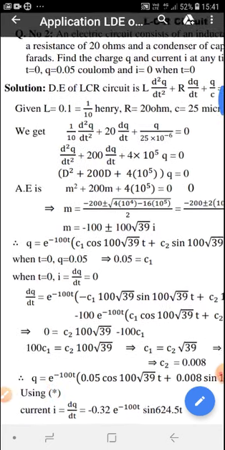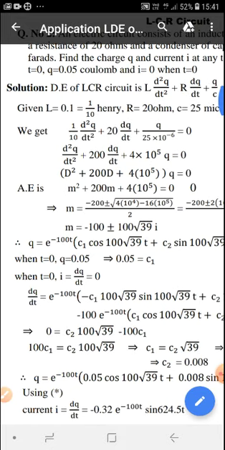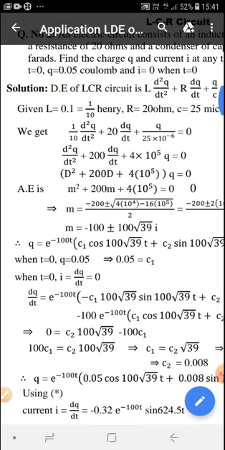Now you can use the conditions. At t equal to 0, Q will be equal to 0.05. If you put t as 0 and Q as 0.05, on calculation you get C1 as equal to 0.05. While calculating C1, remember that cos 0 will be 1, sin 0 will be 0.